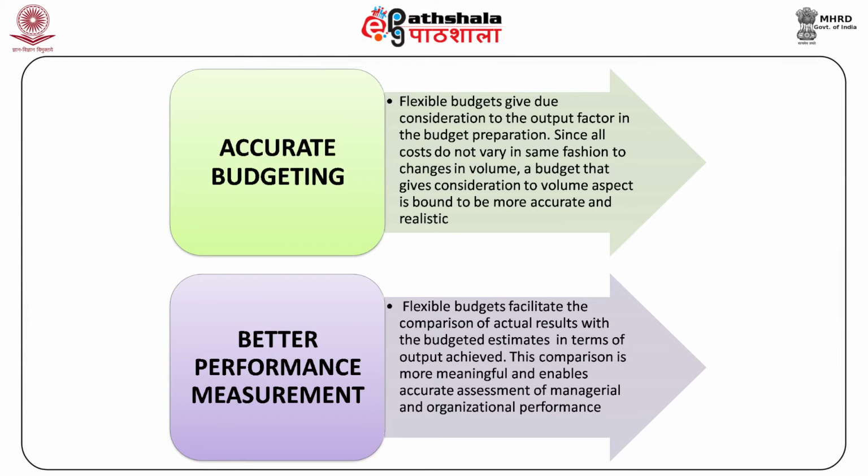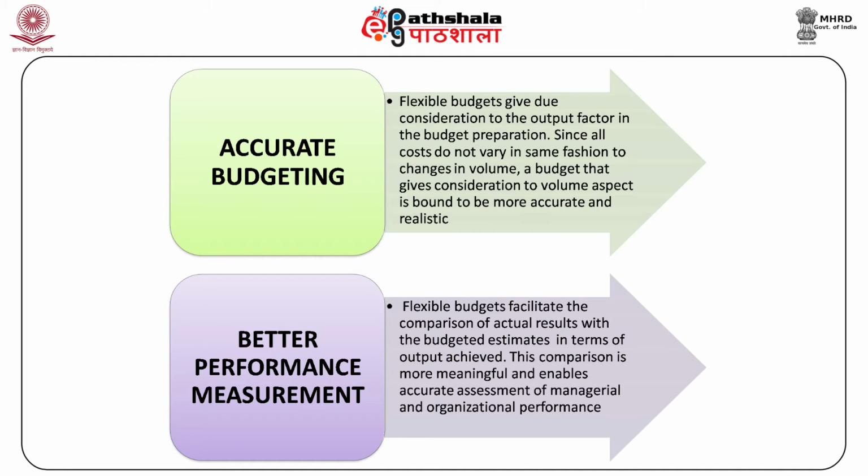First, accurate budgeting. Flexible budgets give due consideration to the output factor in the budget preparation. Since all costs do not vary in the same fashion with changes in volume, a budget that gives consideration to the volume aspect is bound to be more accurate and realistic.